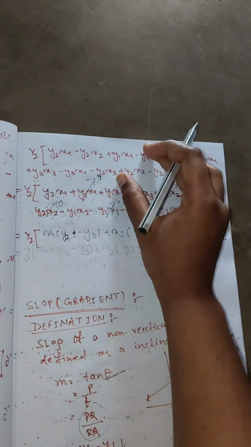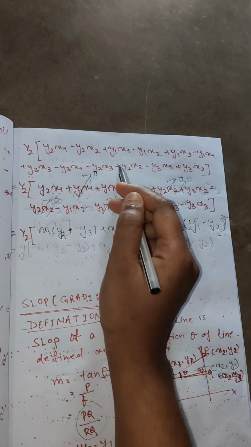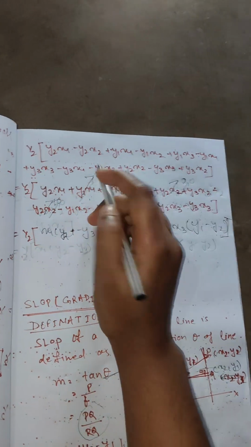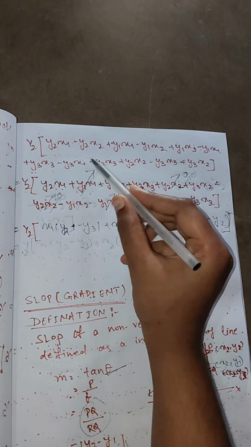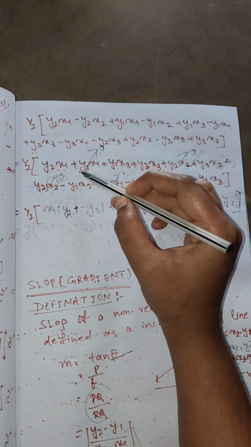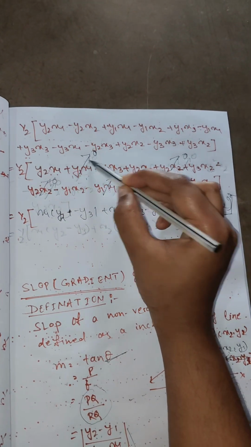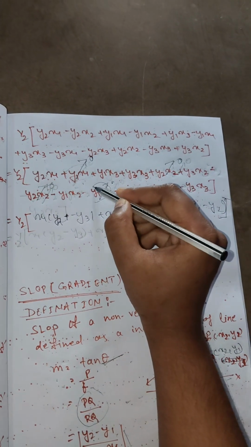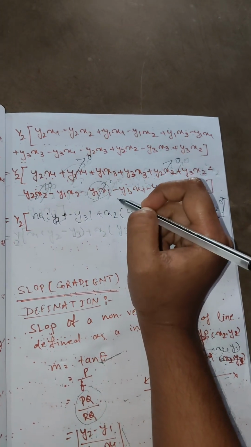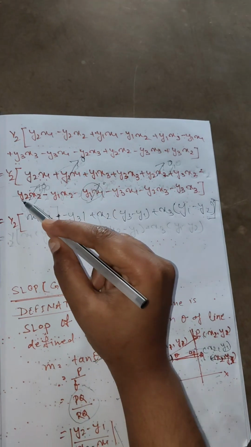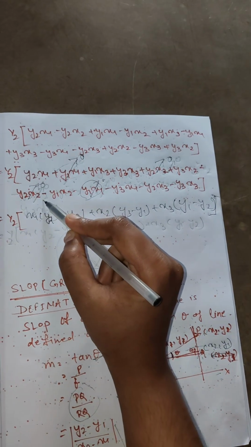Now rearranging these terms by keeping all positive terms first and then writing all the negative terms, we can see that some terms will cancel out. That is, positive y1 x1 will be cancelled out by negative y1 x1, and y2 x2 will be cancelled out by negative y2 x2.